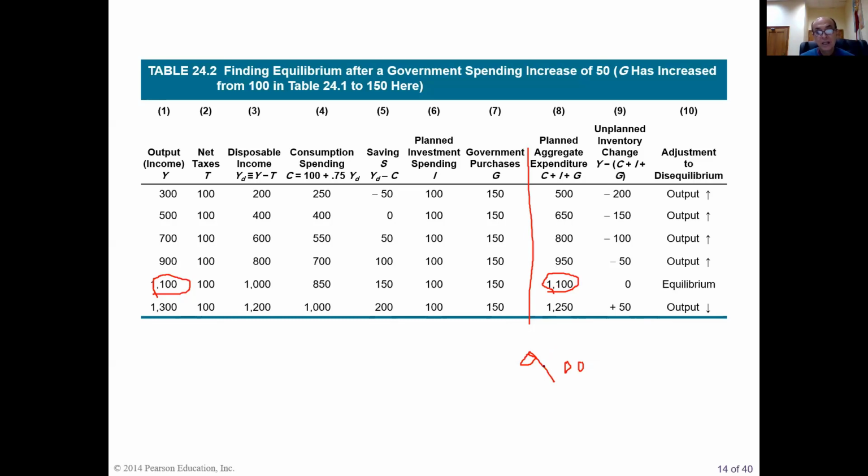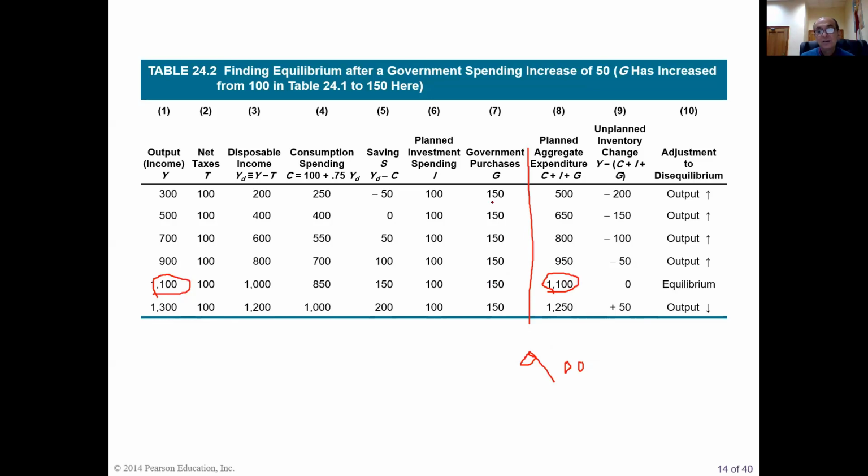In this case, the change in total income equals 200, the difference between 900 as the old equilibrium point before increasing government expenditure and 1,100 as the new equilibrium point. And this 200 is the difference between 900 and 1,100.